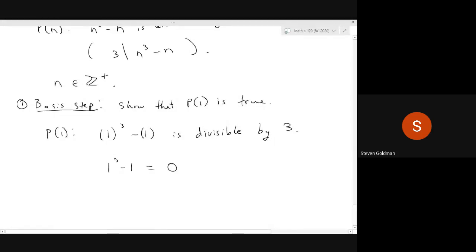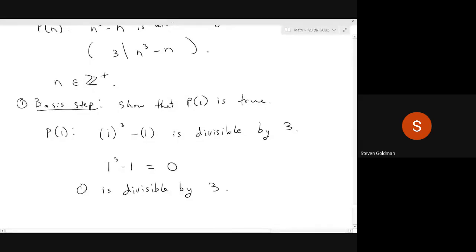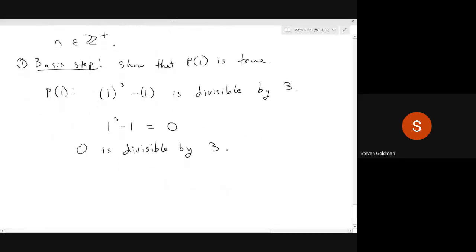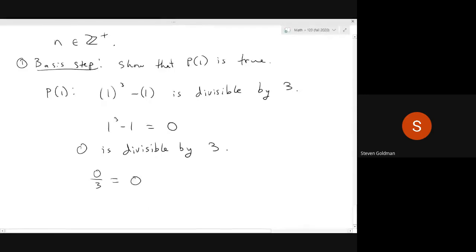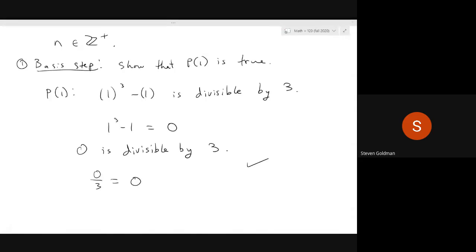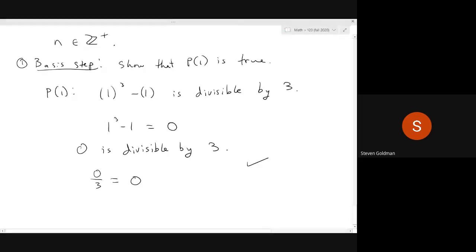Yes. 0 is divisible by 3, or in other words, 3 divides 0. How do I know? Because 0 divided by 3 is an integer, right? 0 divided by 3 is 0. So it's an integer, so it's divisible by 3. So it checks out. So far, it works in the first case. Any questions on that?